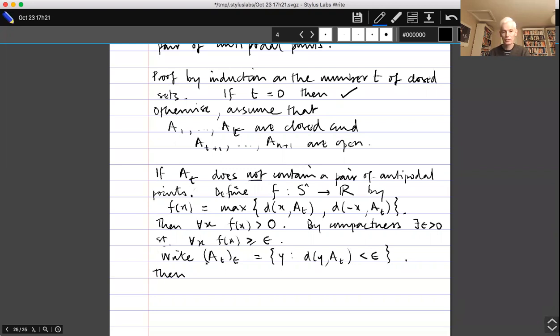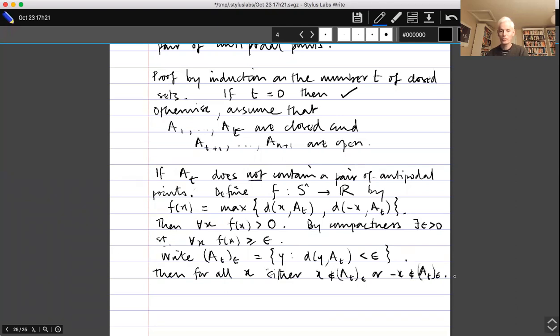Then for all x, either the distance from x to AT is at least epsilon, or the distance from minus x to AT is at least epsilon. So either x does not belong to AT epsilon, or minus x does not belong to AT epsilon.